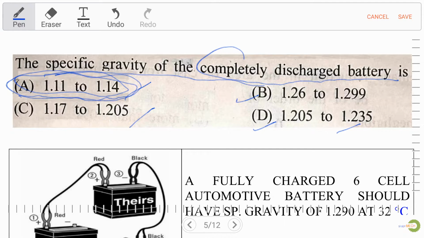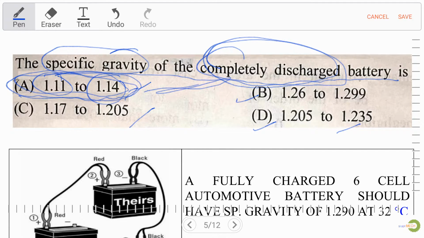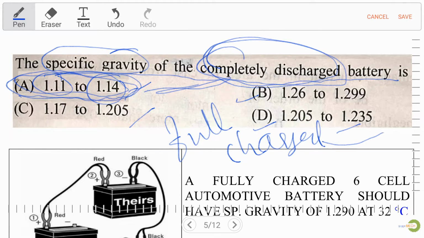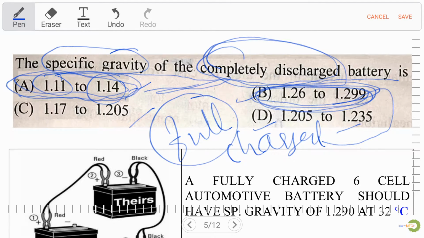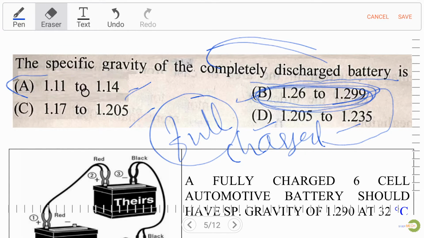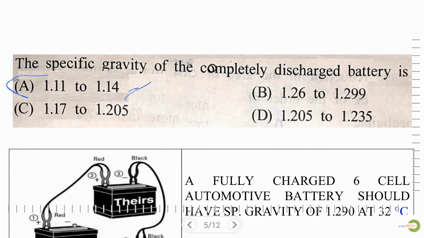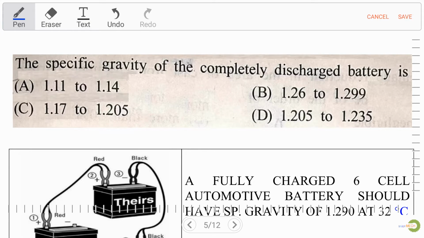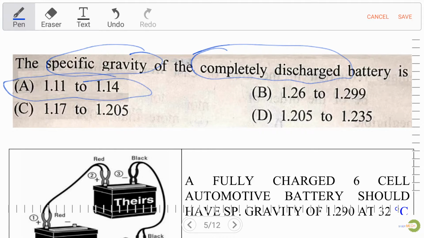Always remember, for completely discharged battery the specific gravity is 1.11 to 1.14, but for fully charged battery our answer is 1.26 to 1.299. Always remember these words, fully charged and completely discharged, both are different cases. So in this question our answer is the specific gravity of completely discharged battery is 1.11 to 1.14.